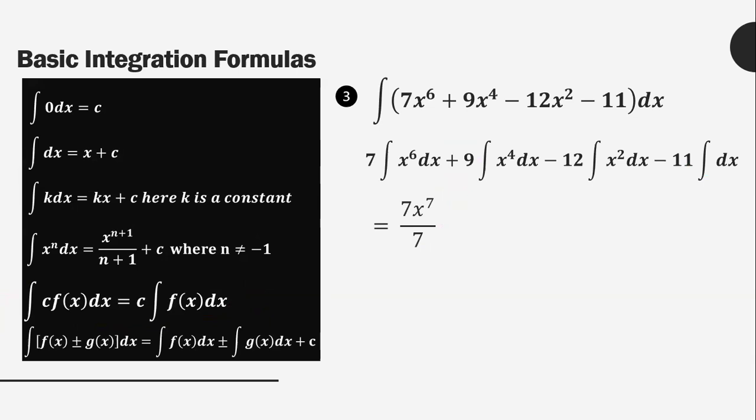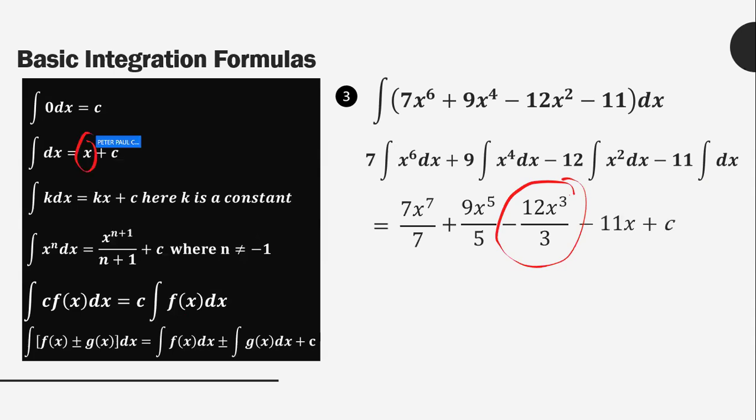Then we have plus 1 here, then over 4 plus 1. So that becomes 9x raised to 5. And then in here, negative 12x cubed over 3. And then the integral of dx, what's the integral of dx? It is x.